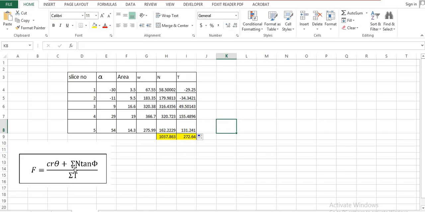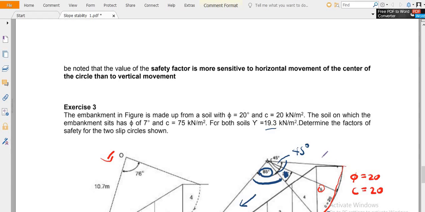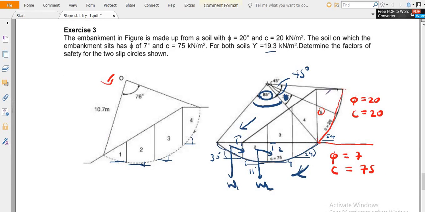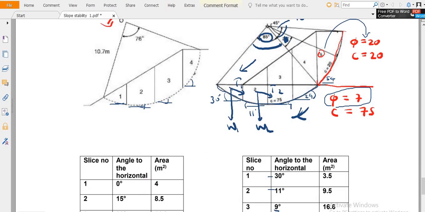But remember, when we calculate this sigma and tan phi, because now we have two different phi's now. For slice number 5 we have this value, for all the other slices we have this value, so therefore we have to take them separately, right?